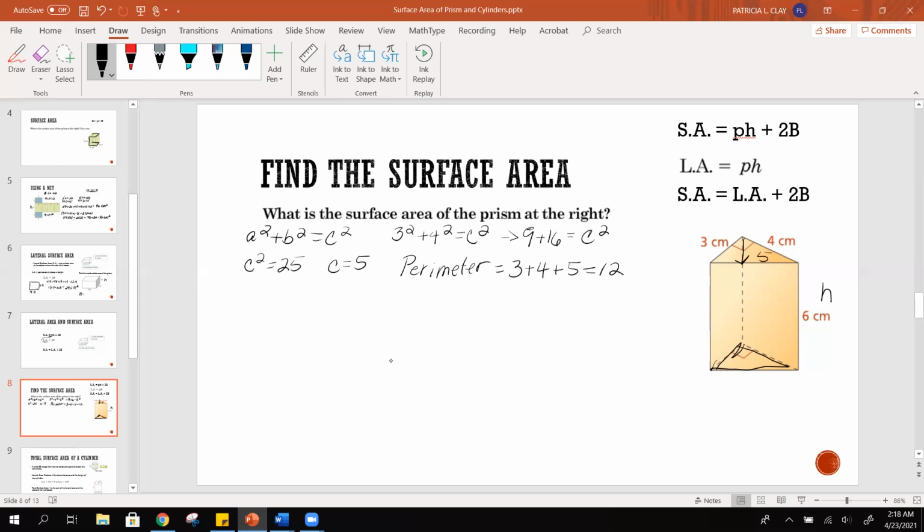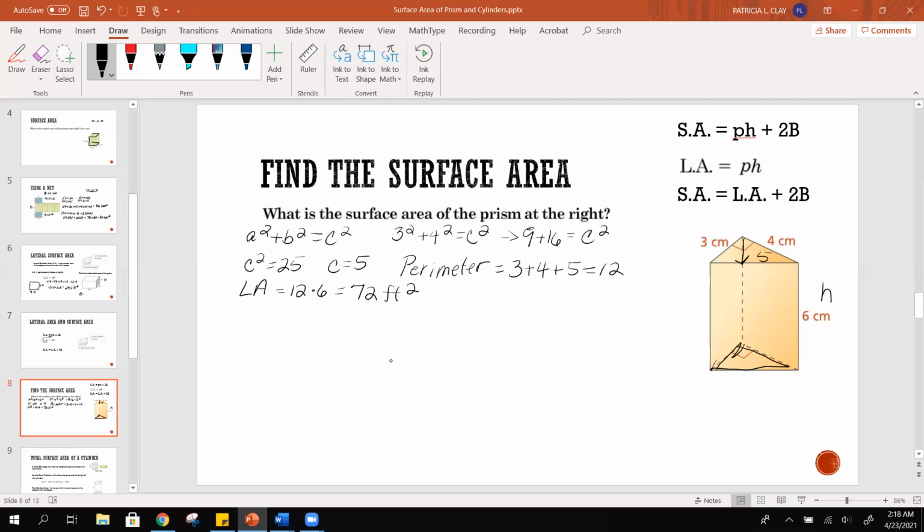Okay, so that's our perimeter. All right, next step in our lateral area equation is to multiply by the height, and our height is 6. So we're going to get 72. So our lateral area is 72 feet squared.